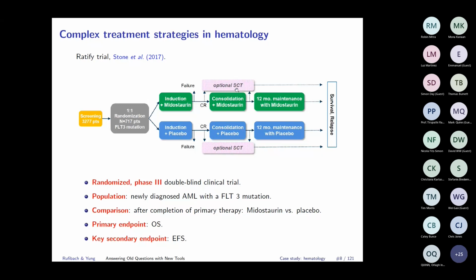So SCT is stem cell transplant. If you get stem cell transplant, you will not get maintenance, but if you don't get it, you will get some maintenance therapy on top of consolidation. And then you're followed up for the primary endpoint, which is overall survival. Okay, seems pretty straightforward, pretty clear. There is a key secondary endpoint, which is event-free survival.